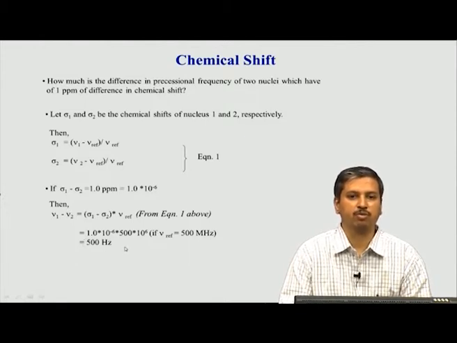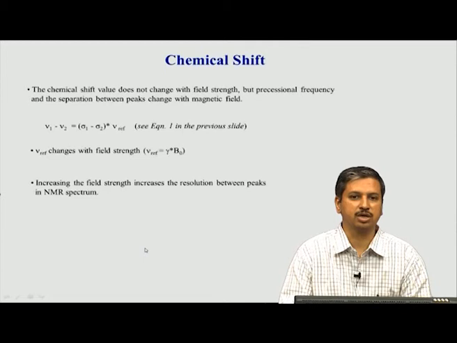This is a very important point, because as I mentioned, once we take a reference, we do not want the ppm value to change from one spectrometer to another, but the separation of the peaks in hertz will change because it depends on the field strength. Now, this separation is actually what helps in giving resolution. This is what is shown in this slide.